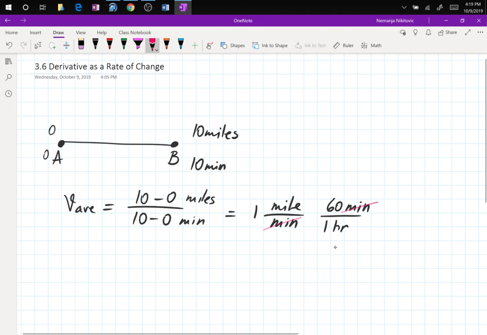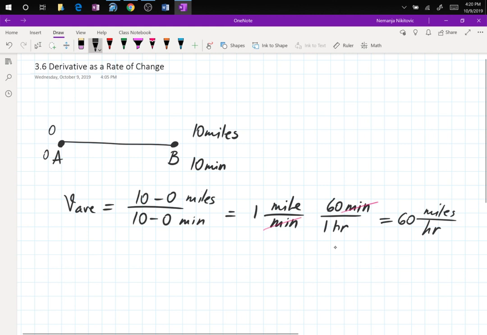This is why we put the minutes on top and hours on the bottom, because the minutes were on the bottom and it will cancel. So now all I get is 60 miles per hour, the MPH you are used to. So the average velocity, the average speed, was 60 miles per hour.